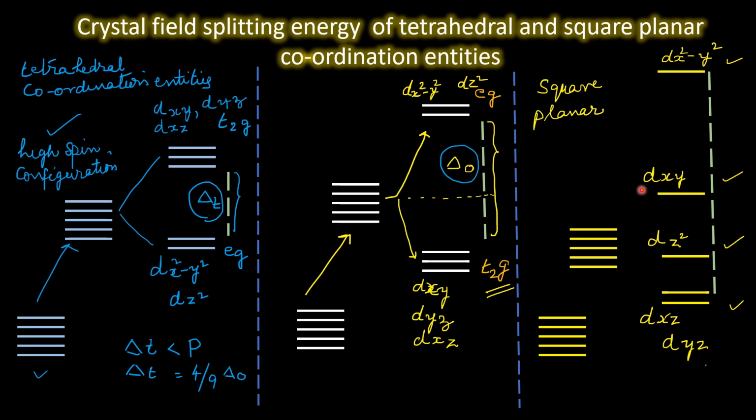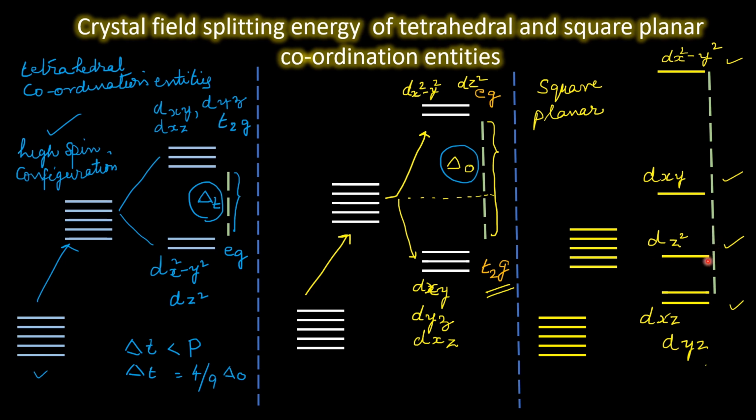The dxy orbital lies in between the ligands in a plane with the ligand. So that orbital also experiences repulsion, but less than the repulsion experienced by dx square minus y square. So its energy is a little less than the energy of the dx square minus y square.